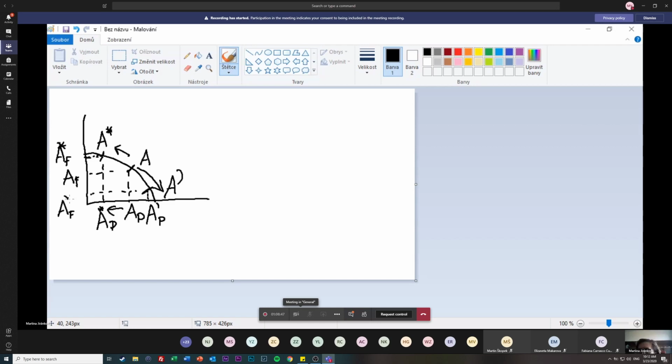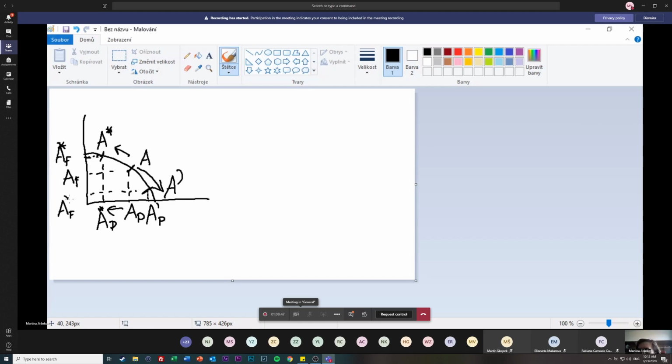So if you have a look again at the graph here, the last thing we didn't explain. Now you see there is also the slope of the line, the slope of the line minus bracket 1 plus R bracket. R is the real interest rate.